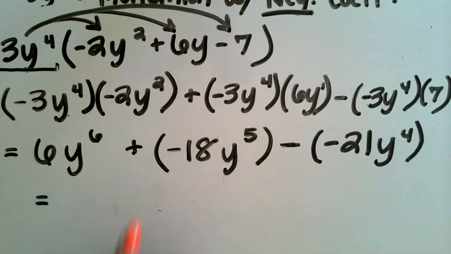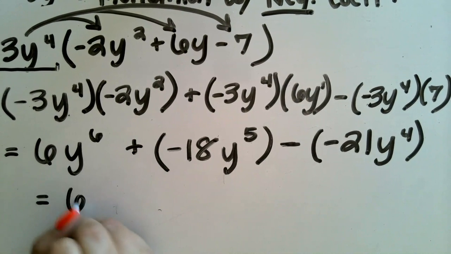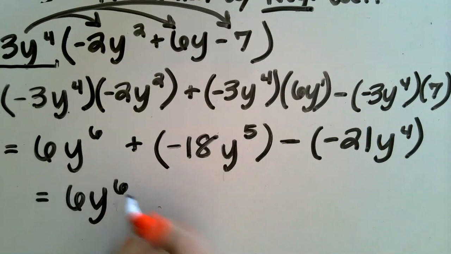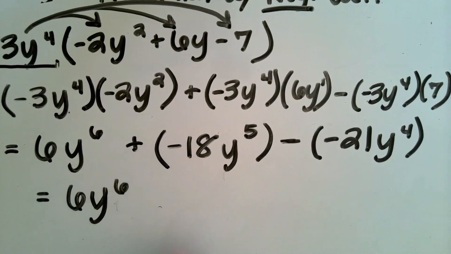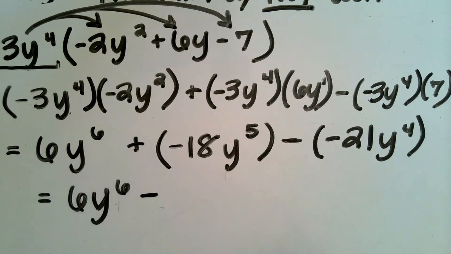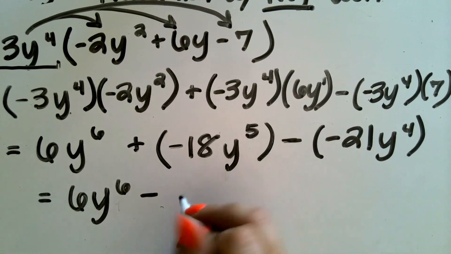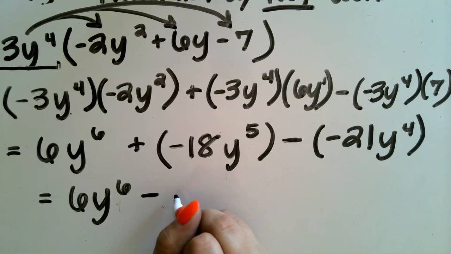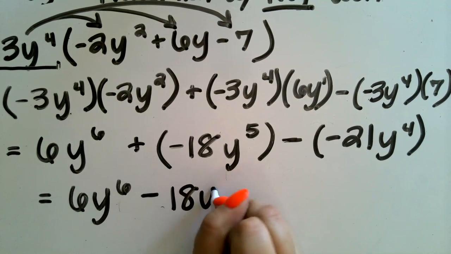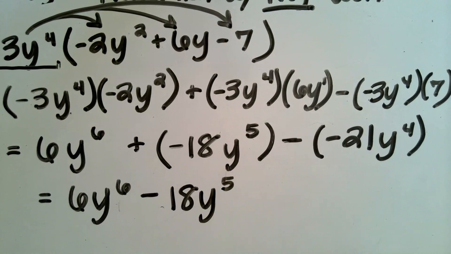This first term here, we don't need to do anything with it. It's already positive. We don't have anything else to do. 6y to the sixth. Now, second part, adding a negative, we know is the same thing as a subtraction. So adding that negative 18y is the same thing as subtracting 18y to the fifth.